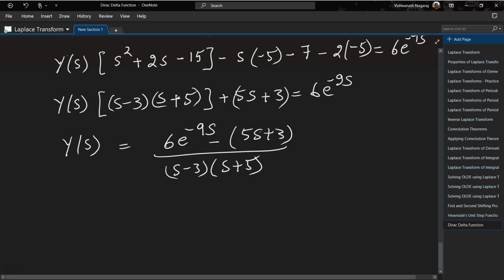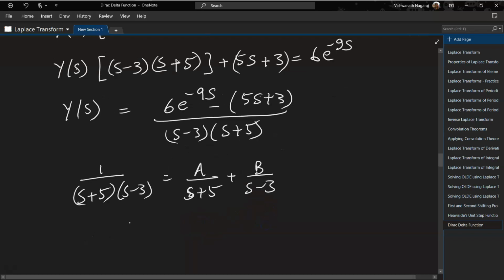So this would become, let's take it one by one. 1 by s plus 5 times s minus 3 is equal to A by s plus 5 plus B by s minus 3. Okay, so this becomes 1 is equal to As minus 3A plus Bs plus 5B.